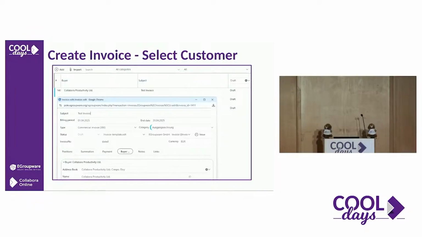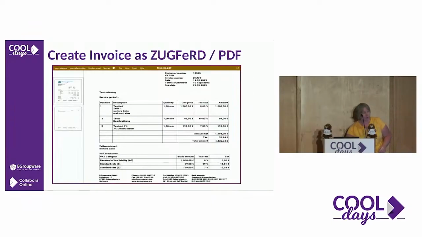And I'm specifying my email template, and then I'm just clicking on issue to start that process, and it automatically generates the PDF and attaches it to the mail, and it opens in my Compose window showing all these kind of things.